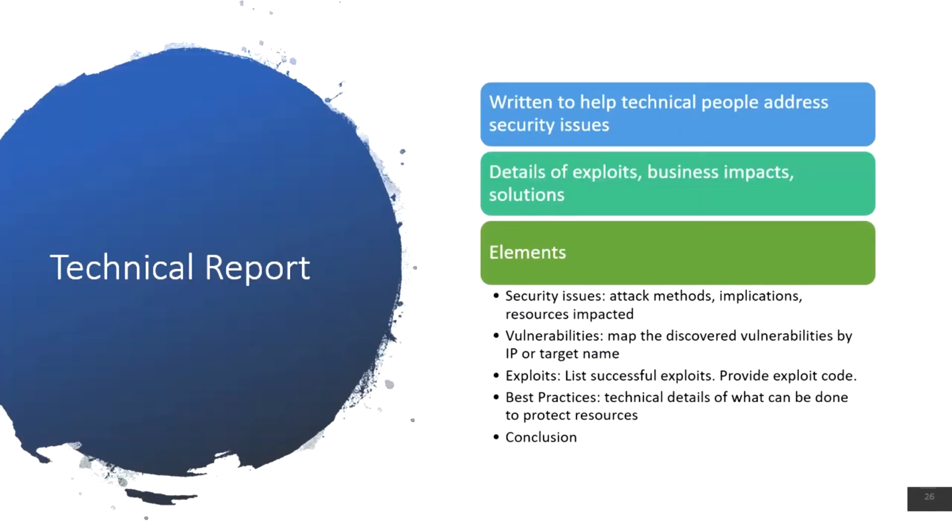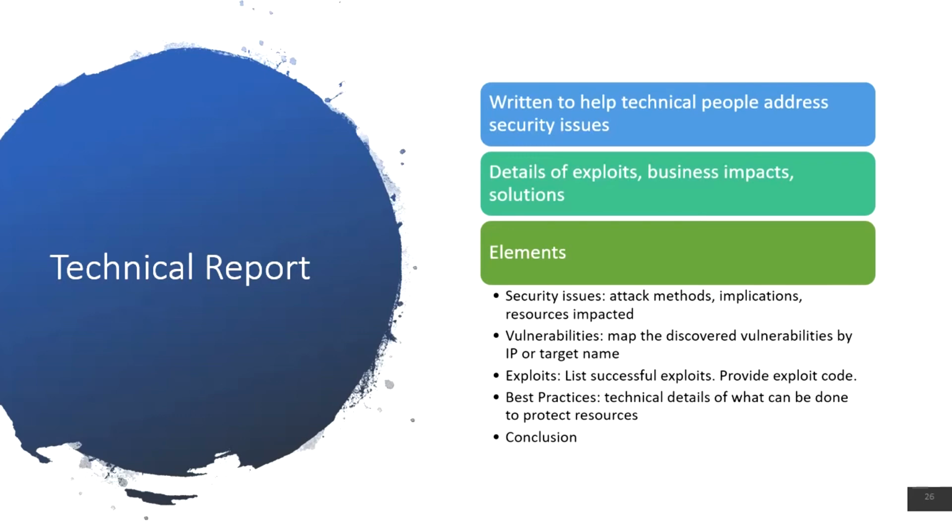The technical report is written to help technical people address security issues that you uncovered during your pen test. Frequently, these technical reports detail exploits, business impact, have solutions. Different elements include the security issue, the attack method, the implication, the resources that were impacted.